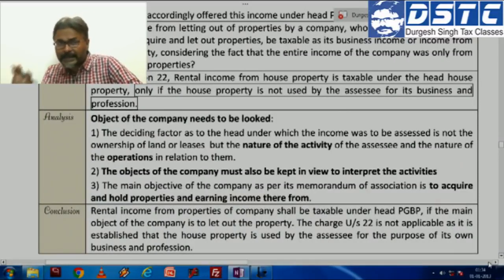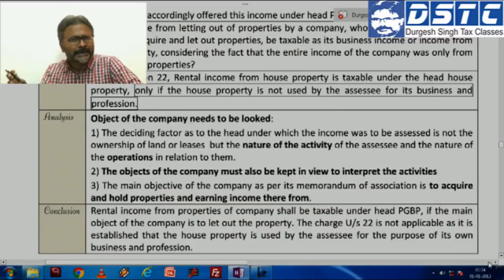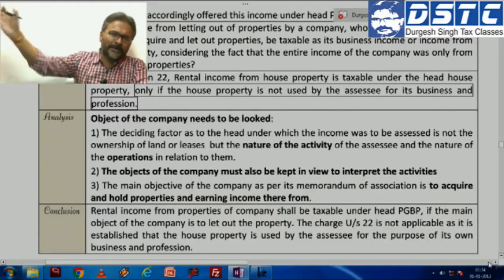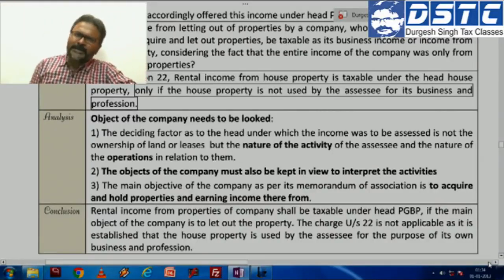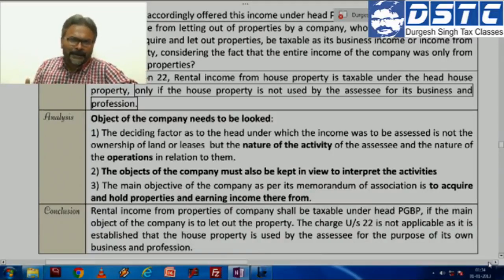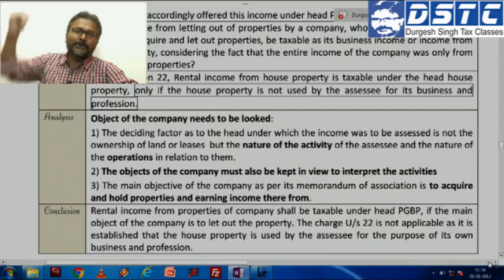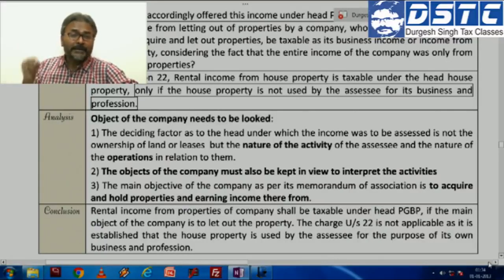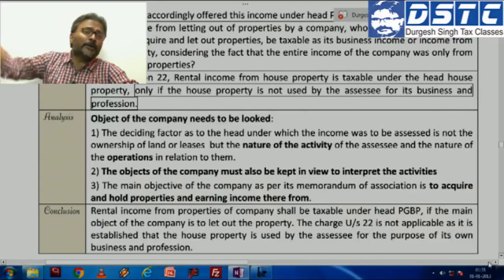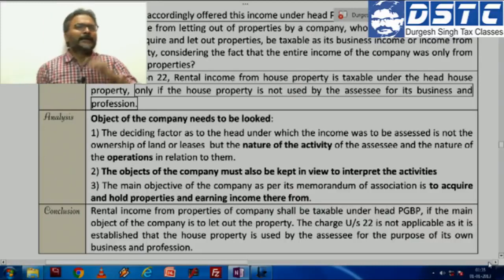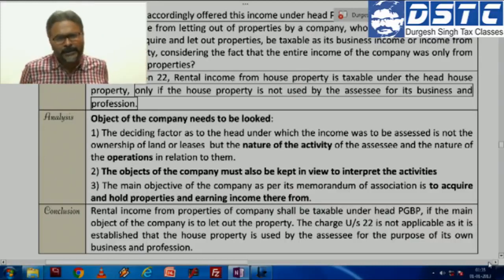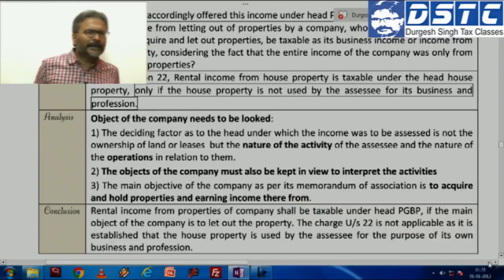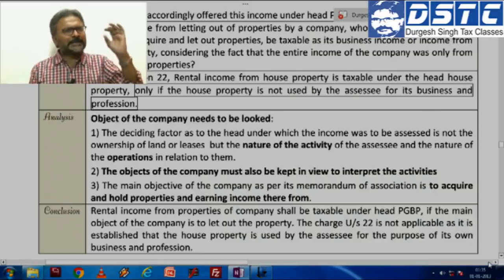In the object clause the main object was very clear to suggest that the business of the company was to develop and let out the house property. The fact that this happens to be the object of the company, accordingly the rental income arising therefrom, they have said that it is a business income.